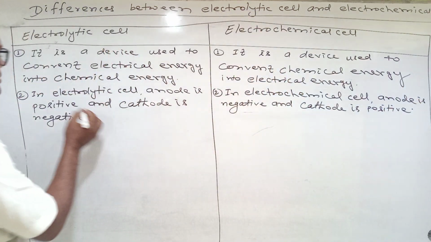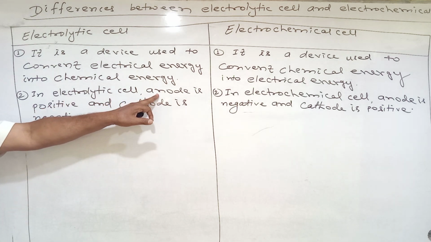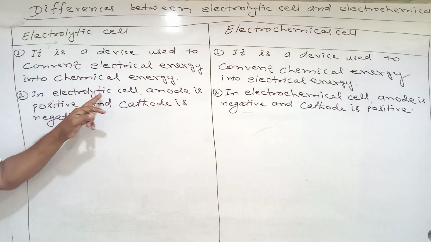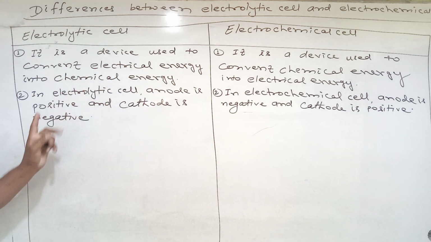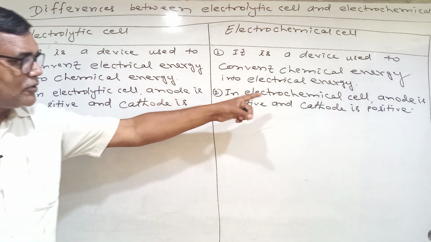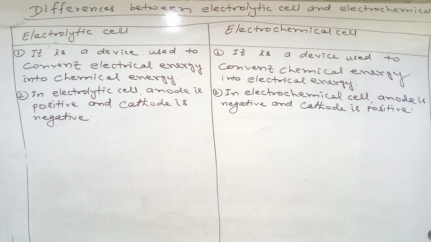It is the second difference. It is very important for objective questions. In electrolytic cell, anode is positive and cathode is negative. In electrochemical cell, anode is negative and cathode is positive.